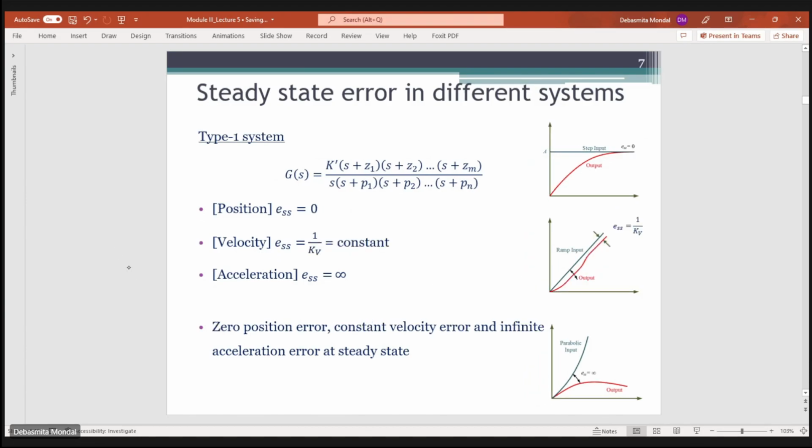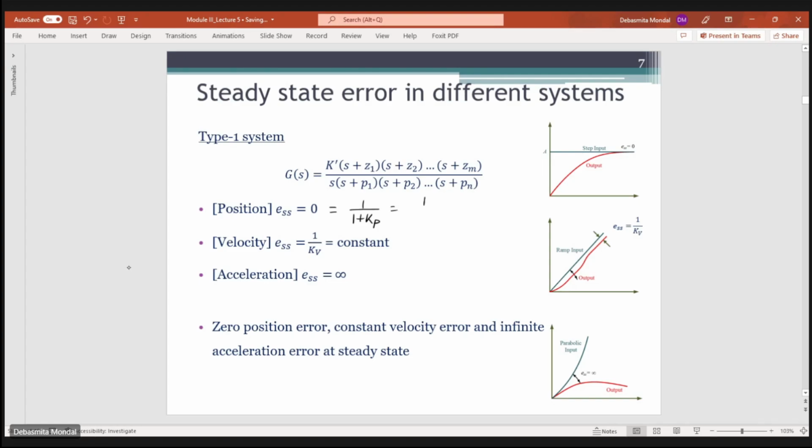Now, if you have a type 1 system, type 1 system means in the denominator you will have s to the power 1. Similarly, if you want to find the steady state error for a step input, in case of a type 1 system ess is given by 1 by 1 plus Kp.